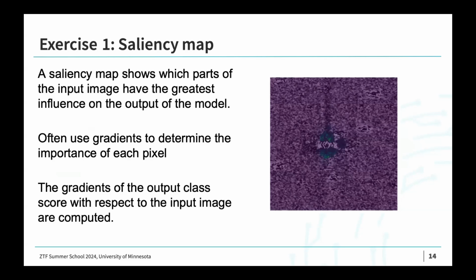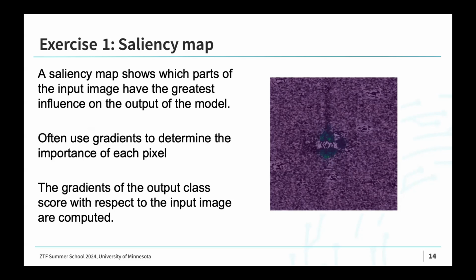Neural networks are usually treated as a black box, but we can do some experiments to understand a little bit about how the model makes predictions. One exercise we can do is to plot the saliency map. The saliency map highlights which part of the image is most relevant to the predictions.